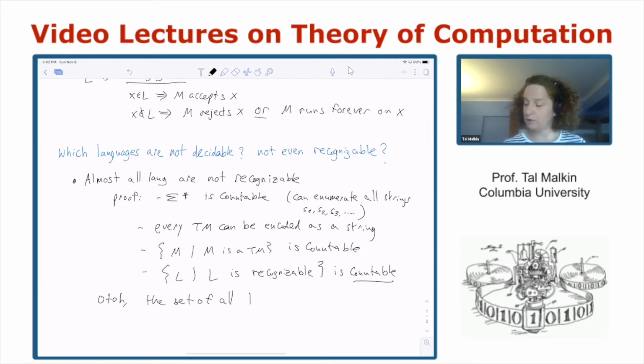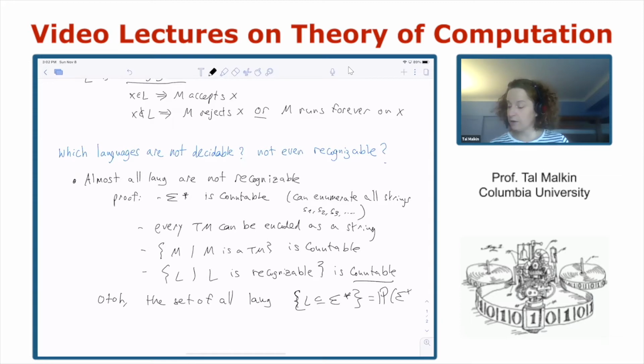The set of all languages is just the set of all subsets of sigma star. A language is just a subset of sigma star. In other words, this is the power set of sigma star, and this is not countable.